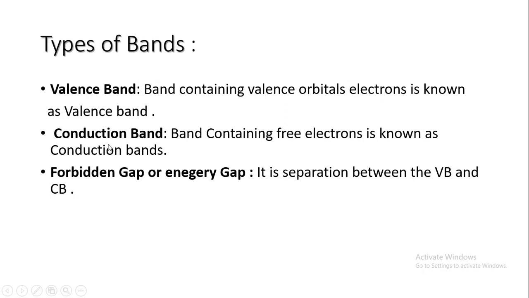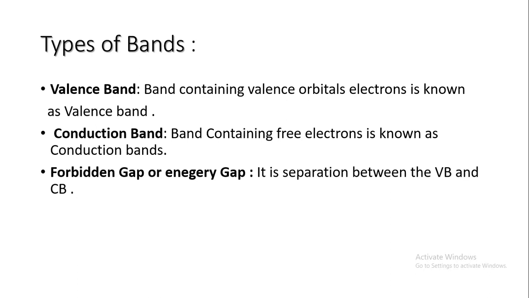The conduction band contains free electrons. If you see the orbital model, electrons which are very close to the nucleus are tightly bound; there is some force, centripetal force we can say, attaching them to the nucleus.